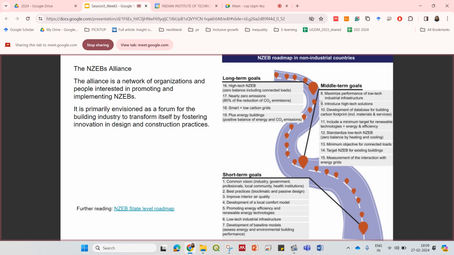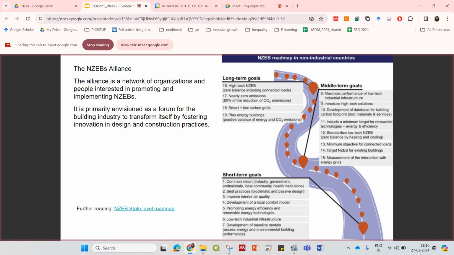So the first order of things that the country needs to focus on would be the short-term goals. Middle-term goals are the goals which will need a certain amount of time. They can't be done right away. They need some time to get through, but in some stipulated time, the countries can focus on them. After the short-term goals, the next thing that the countries can focus on are the middle-term goals.